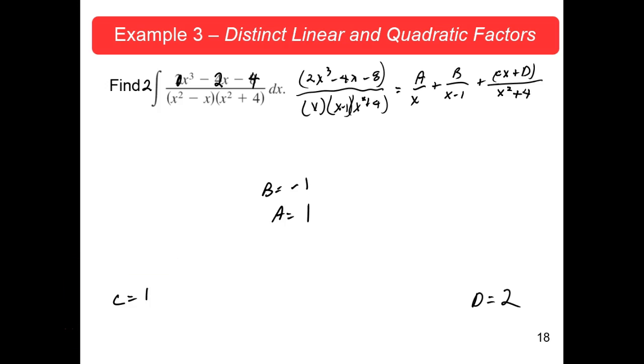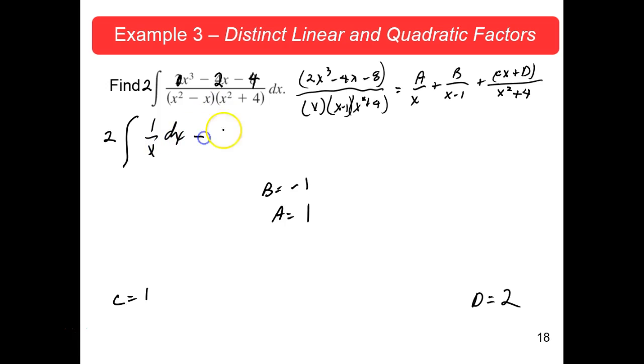Okay. So now we write down our integral. 2, don't forget that, we factored it out, times the integral of 1 over x. Yes, A is 1 over x dx.